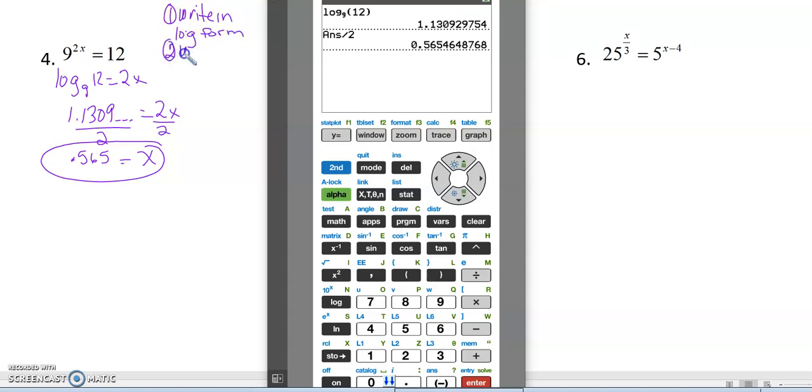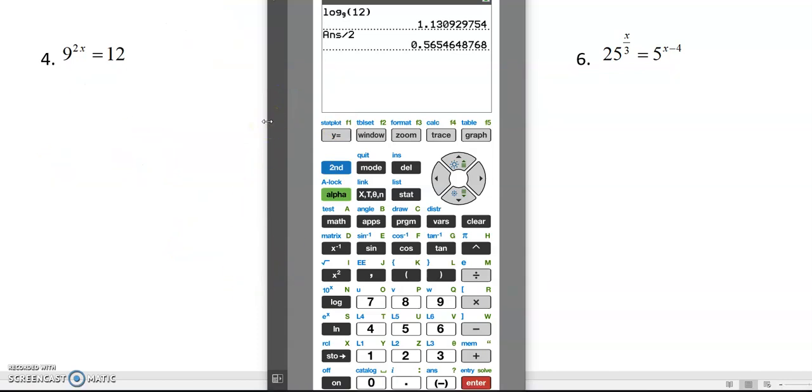And 2, we used the math function, or math button, on the calculator to find the log base. Alright, and we use the calculator to solve it. Alright, so let's look at another one.